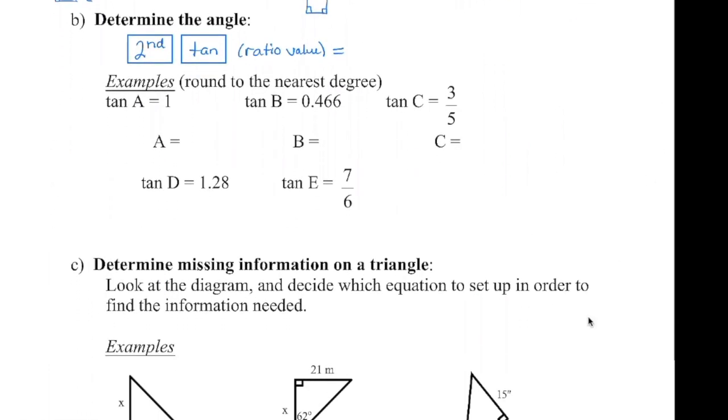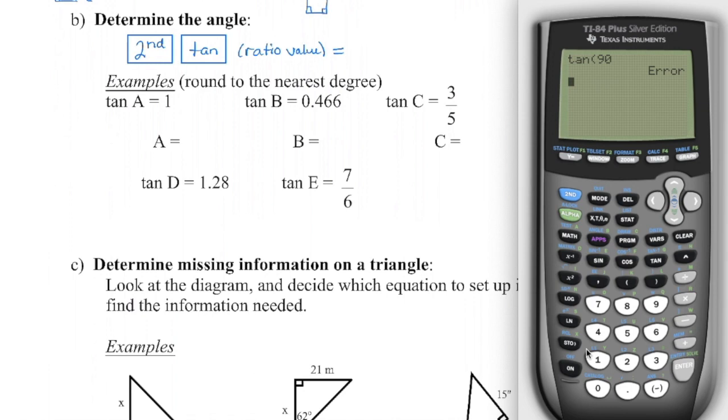I'm going to pull up my calculator here once again, and in this case, I'm going to take the first one. We're going to take the inverse. So you can see above tangent here, I have tangent to the power of -1. That's the inverse. So I'm going to go second function tangent, and then there's that little -1, and I'm going to enter a ratio of 1. When I do that, I get 45 degrees.